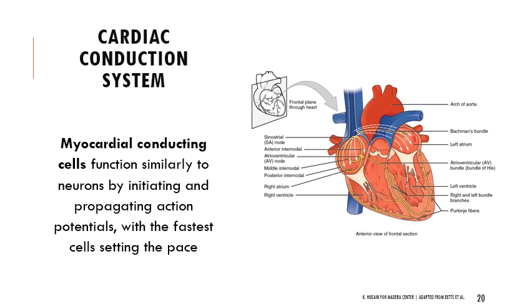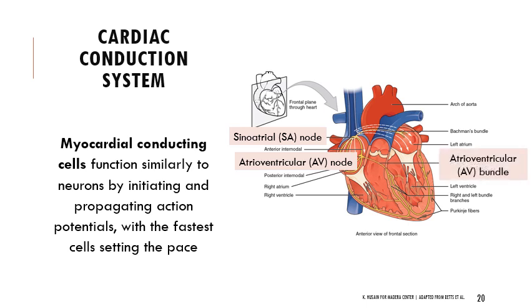So some important structures to pay attention to here are the sinoatrial node, the SA node, that's going to be the start of all of this, the atrioventricular or AV node, the atrioventricular or AV bundle, the AV bundle branches, and then the Purkinje fibers.